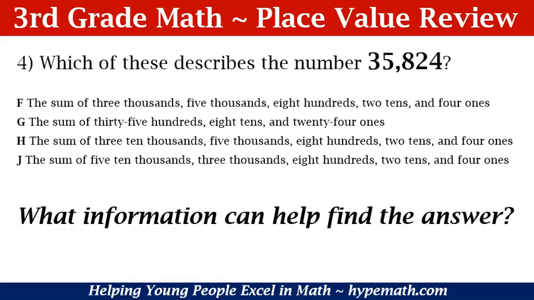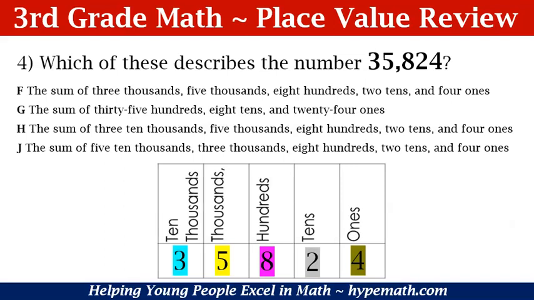What information can help us find the answer? We need to pull out our handy dandy place value chart again, okay? We see that there is a 3 in the 10,000s place, a 5 in the thousands place, an 8 in the hundreds place, a 2 in the tens place, and a 4 in the ones place.